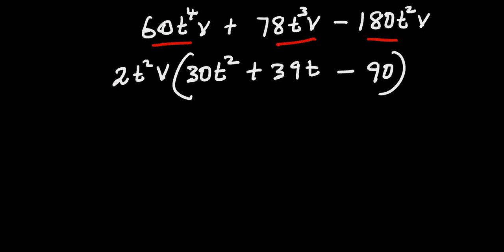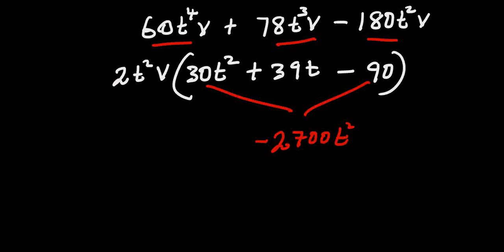Therefore, we are going to multiply this and this, and that will give us negative 30 times 90, that will give us 2,700 t squared.